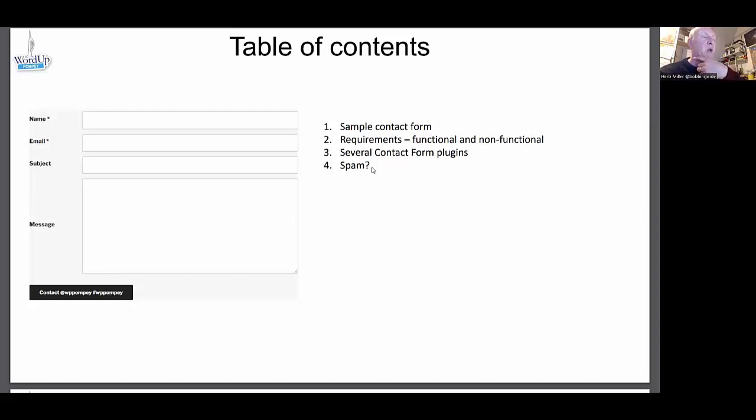And then I'll list several different contact form plugins, and they'll be listed in relation to how many downloads there have been of that contact form from WordPress.org, if they happen to be on there. And then we'll discuss that simple thing called spam, which is what happens with most contact forms if you're not careful.